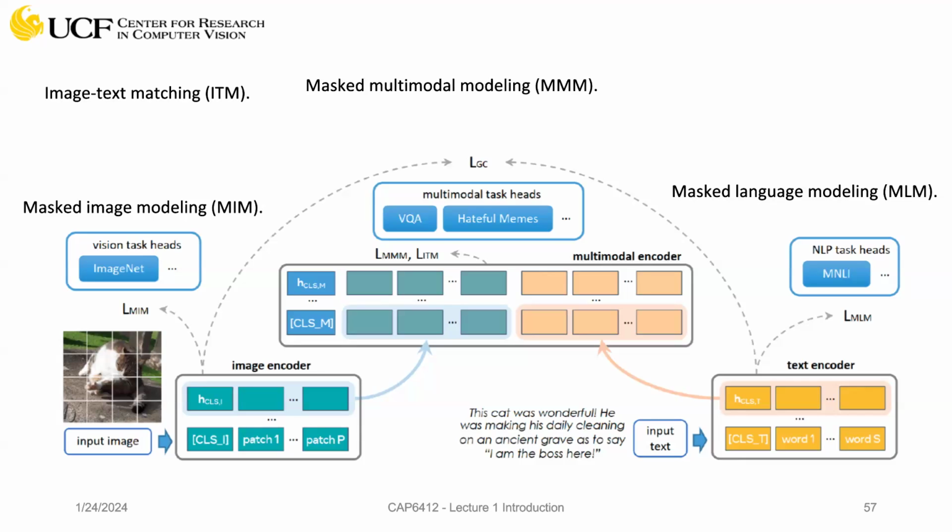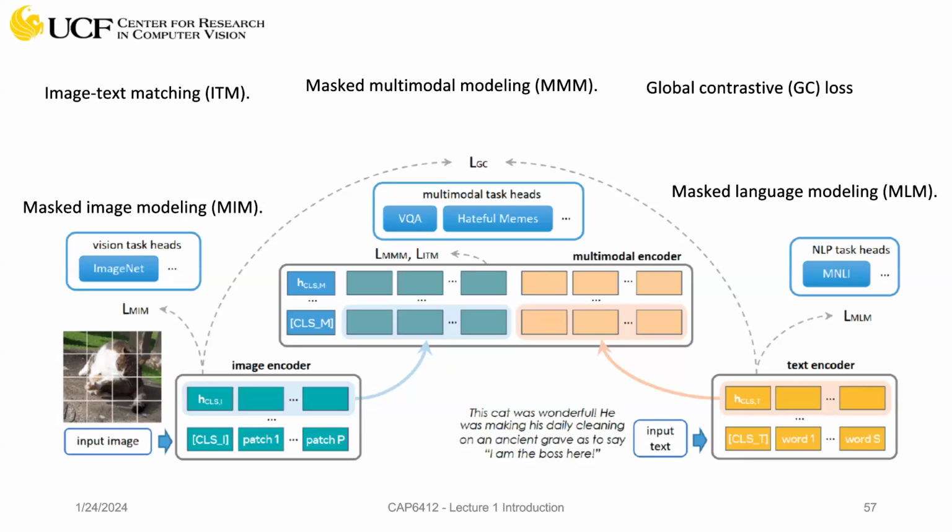Then you have masked multimodal modeling, where you're going to mask in this multimodal encoder. You are going to mask either text or images, and you'll have that loss. Then you have a global contrastive loss. Okay, very similar to the CLIP loss that we have been talking about.